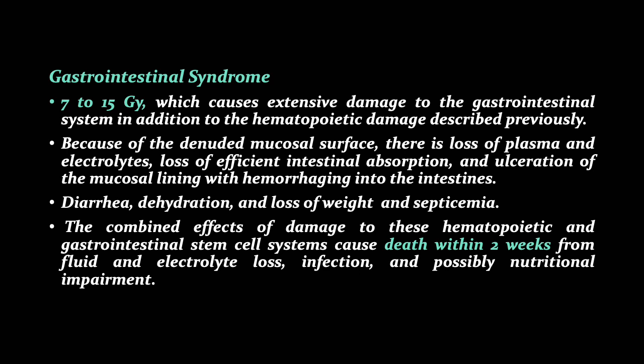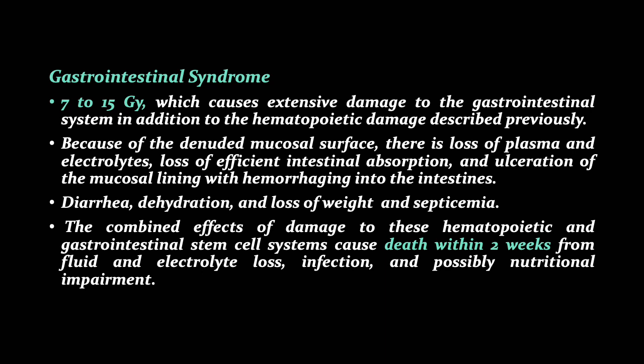The gastrointestinal syndrome, wherein 7 to 15 gray of radiation is received by a patient, causes extensive damage to the GI tract because of the mucosal surfaces being denuded and loss of plasma. As the mucosal surface is very sensitive, there is going to be loss of it, and ulceration of the mucosal lining can also occur. Hemorrhaging can occur.